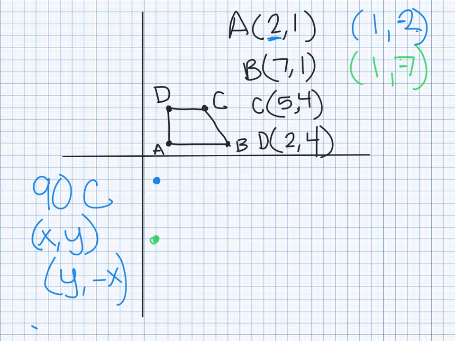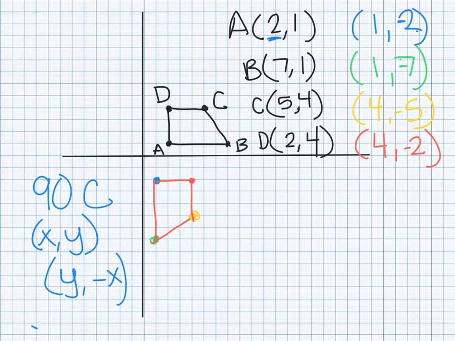Let's keep going. (4, 5), but the 5 becomes negative. It's right here. And then my last one is (4, 2), and the 2 becomes negative. Right here. There's my trapezoid.